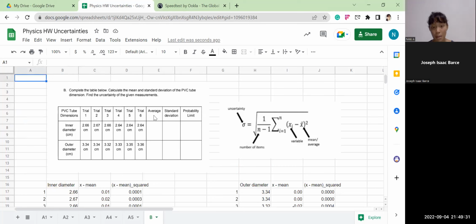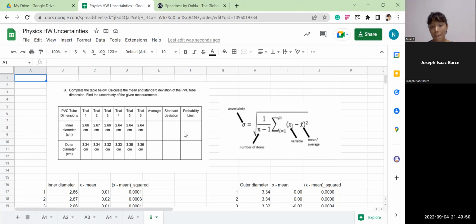So ano yung value? Probability limit. Dalawa. 2.65 plus 0.01 and then 2.65 minus 0.01. So what are those?